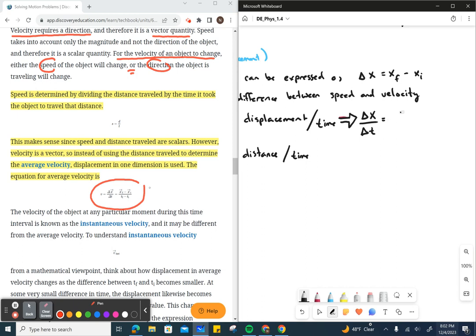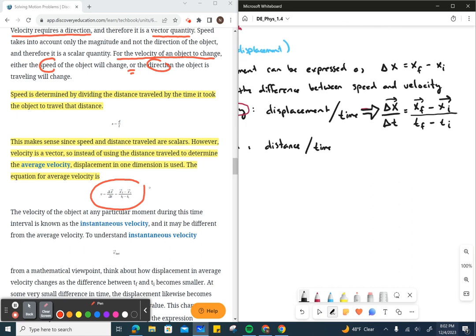And that is simply saying that your final position, which is a vector, right? These are vector quantities, so they're using arrows to signify that, minus your initial position, that's what delta x is, right? Divided by your change in time. So that would be your time final, subtract your time initial, and that's what delta t is, okay?